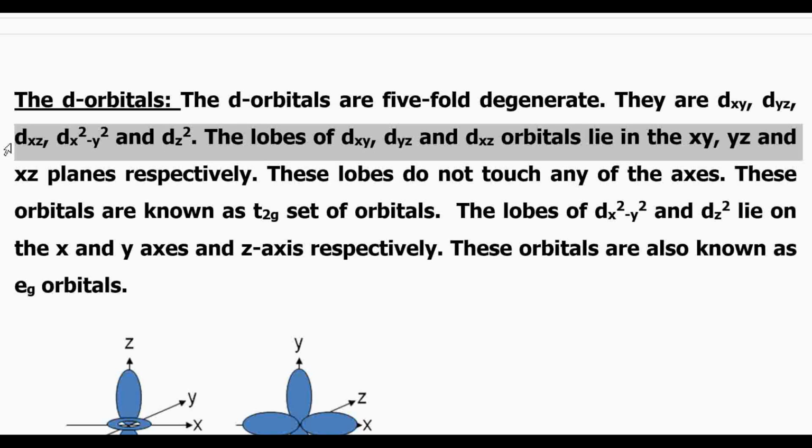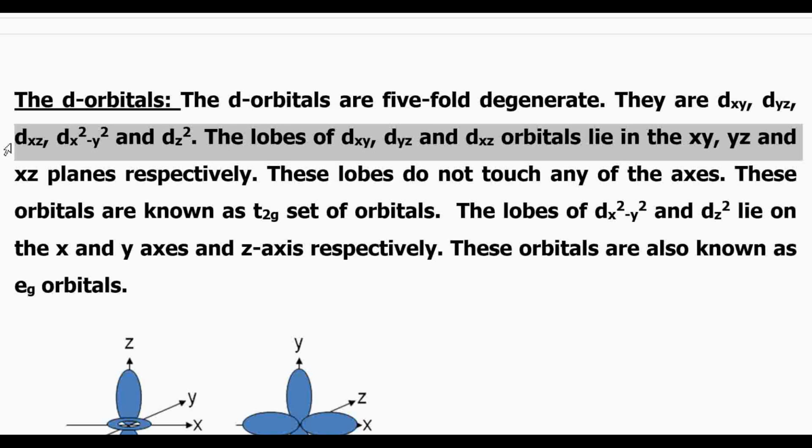Other than dz square, the d orbitals have a double dumbbell shape. You know the shape of the p orbitals. The p orbitals have dumbbell shape, but d orbitals have double dumbbell shape. So there are two.